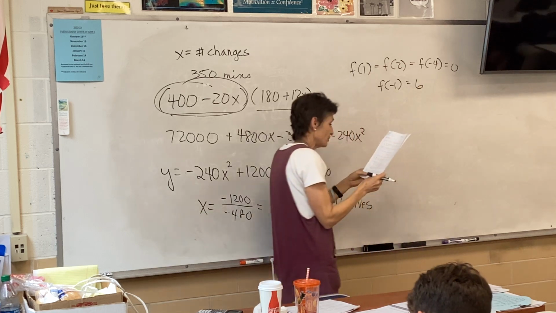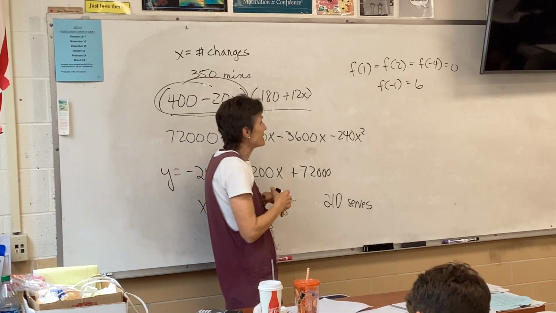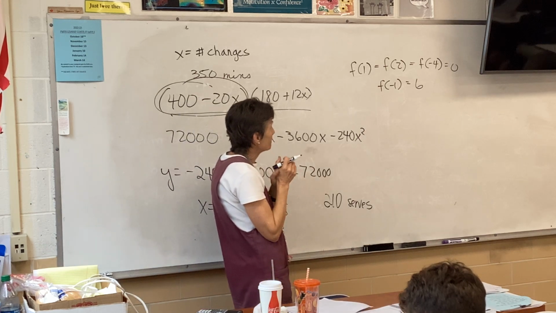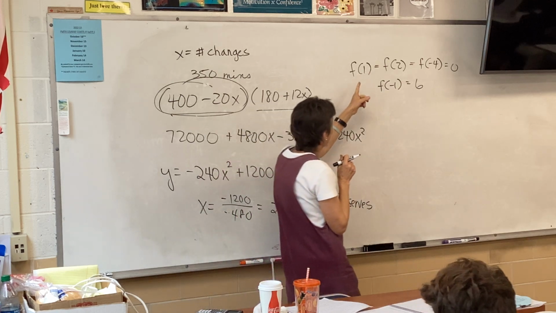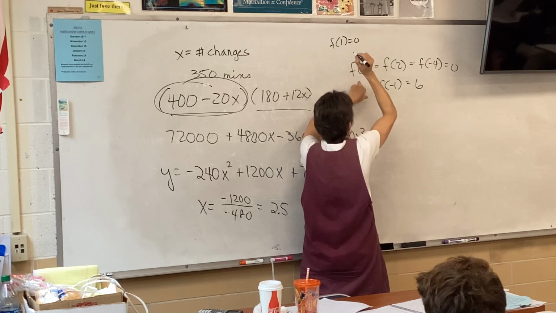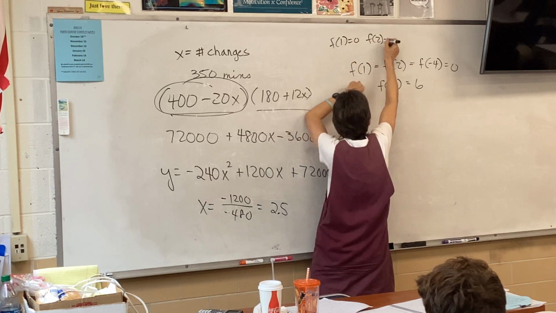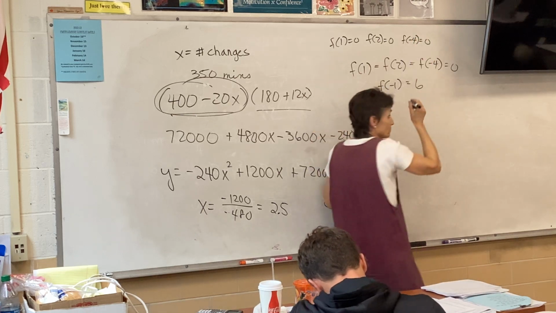But I think you know how to do it. It does say do not multiply out, so you are writing a cubic function, and you know that f of 1 is 0, f of 2 is 0, and f of negative 4 is 0.